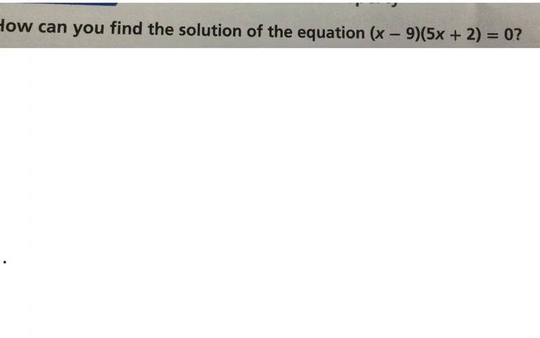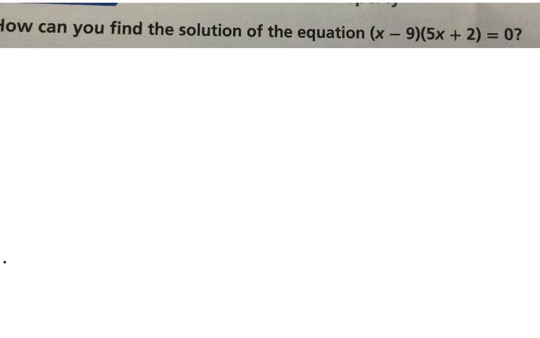Not x equals 0. What am I multiplying together? The two polynomials. x minus 9 times 5x plus 2. So this whole thing has to be 0, or this whole thing has to be 0. One of them has to be 0. Either x minus 9 is 0, or 5x plus 2 is 0.